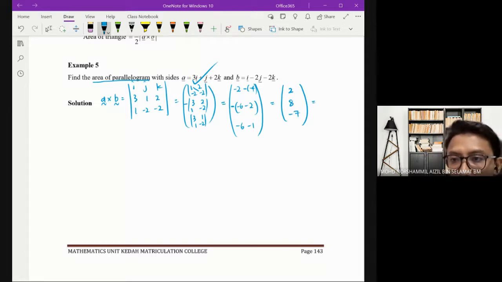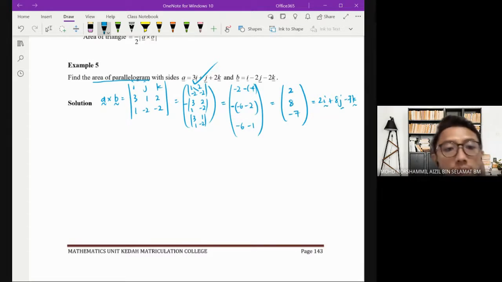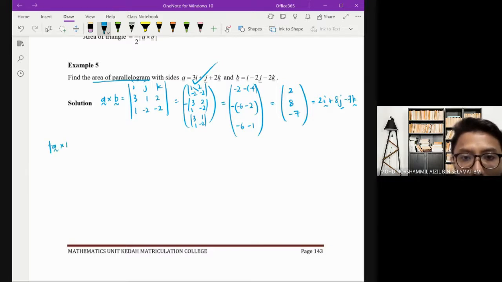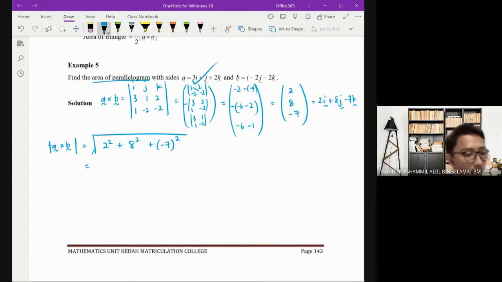Alright guys, so this is the vector 2i plus 8j minus 7k. As I told you just now, the idea of finding area is simple. Find the cross product, and then for the result of the cross product, simply find the magnitude. The magnitude of the vector is the square root of every single element squared. So, calculate guys. What did you get?